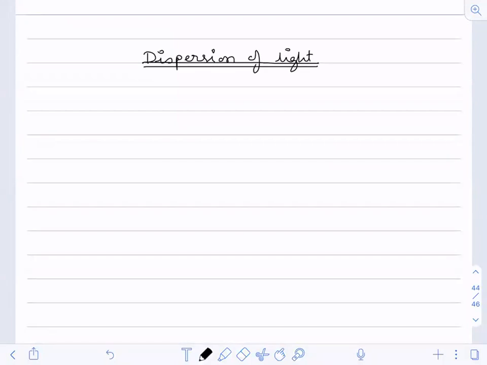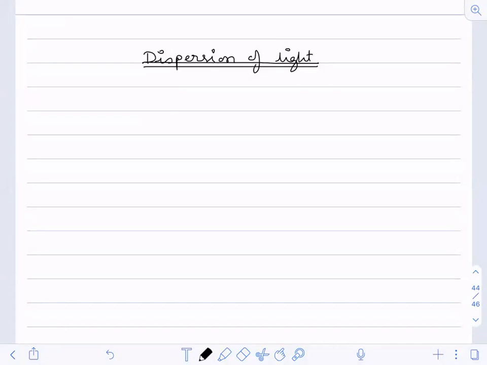So dispersion means the phenomena of splitting. The phenomena under which when you pass a white light through the prism, it disperses into 7 different colors. So that process is called dispersion.